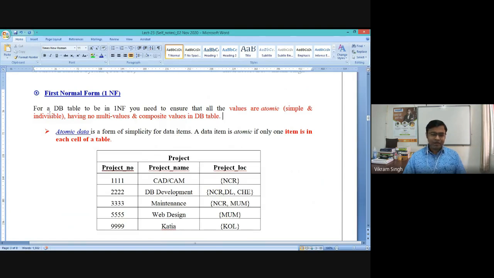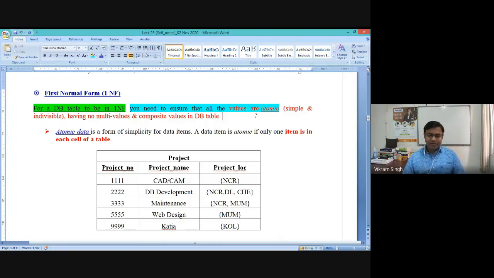It says that for a database table to be in first normal form, you need to ensure that all the values are atomic. Atomic means that the value should not be divisible further.